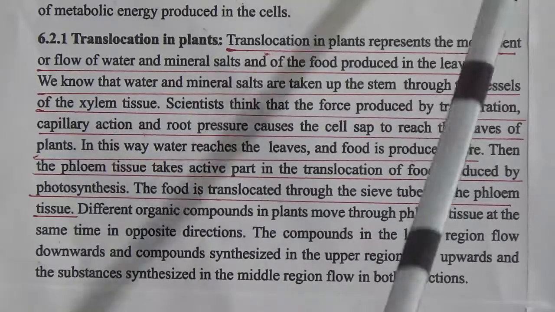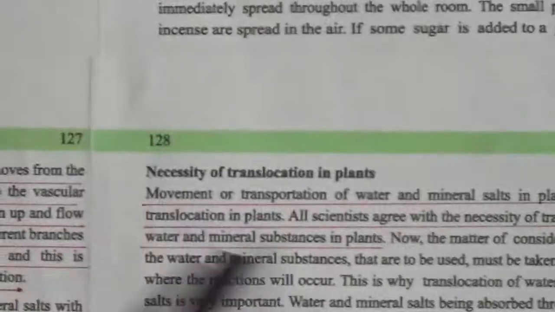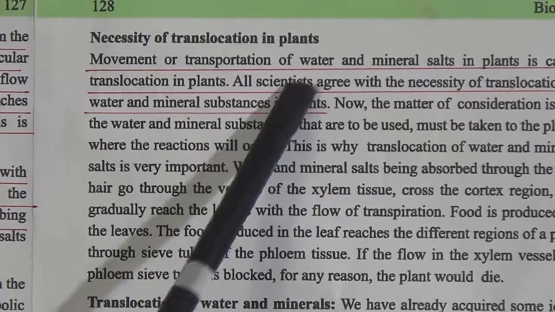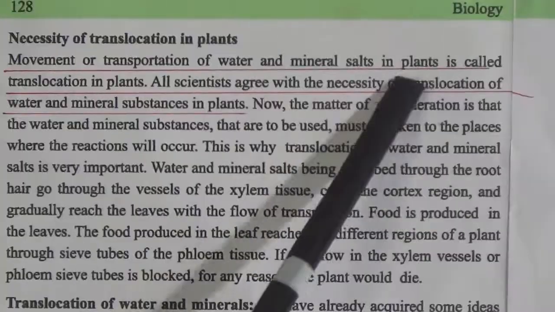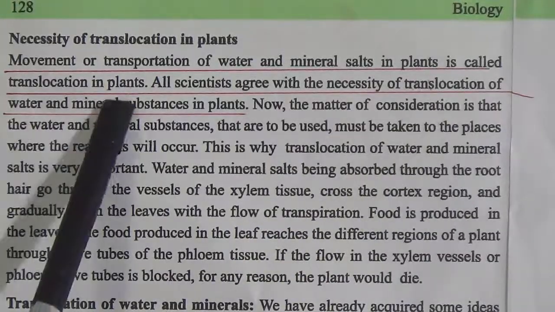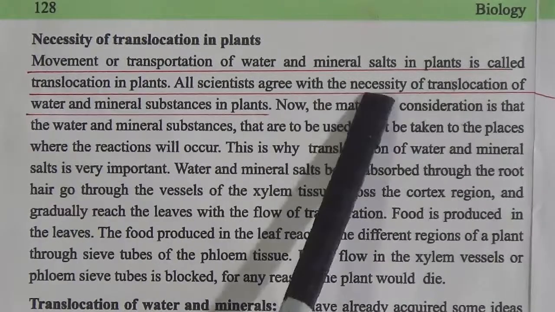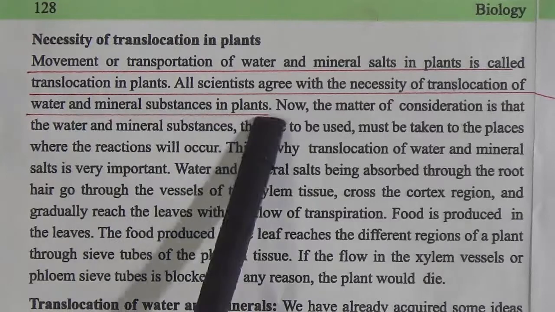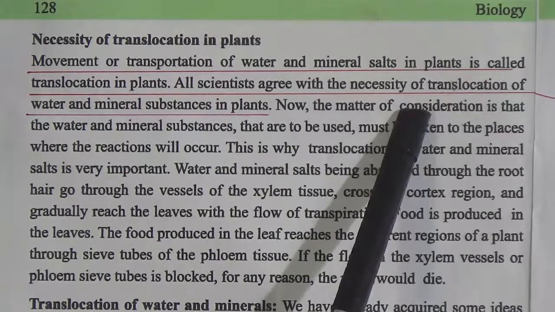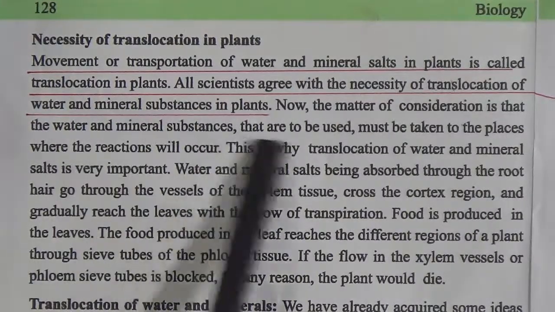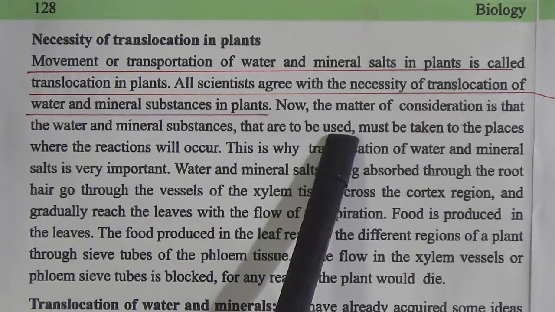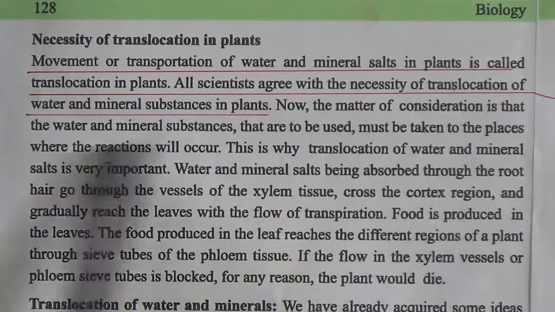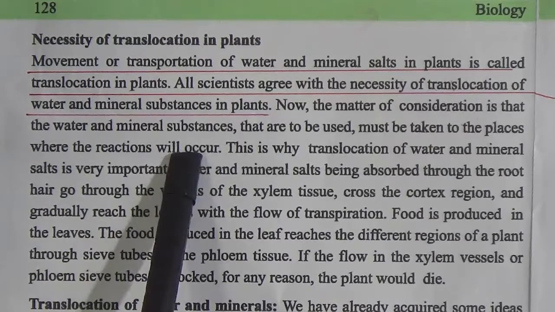Now come to the necessity of translocation in plants. Movement or transportation of water and mineral salt in plants is called translocation in plants. All scientists agree with the necessity of translocation of water and mineral substances in plants. Now the matter to be considered is that the water and mineral substances that are to be used must be taken to the parts of the plant where the reaction occurs.